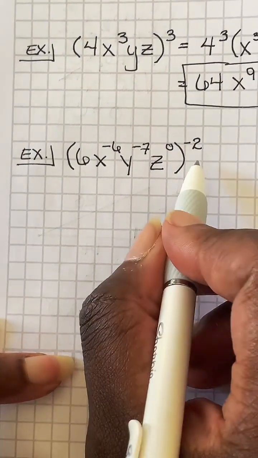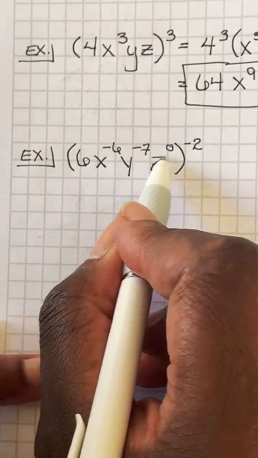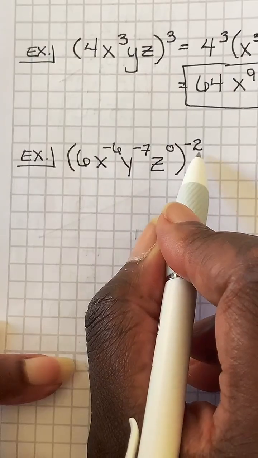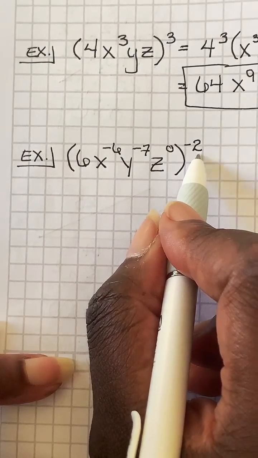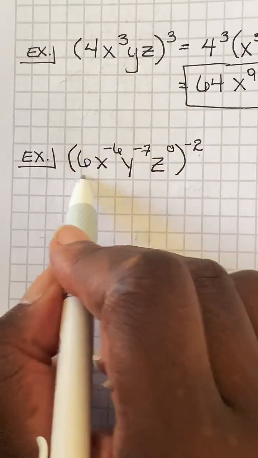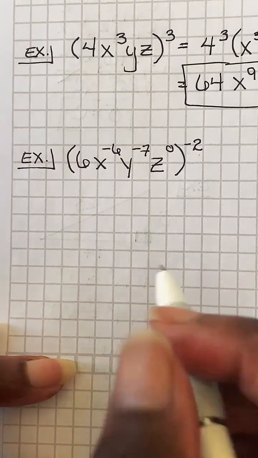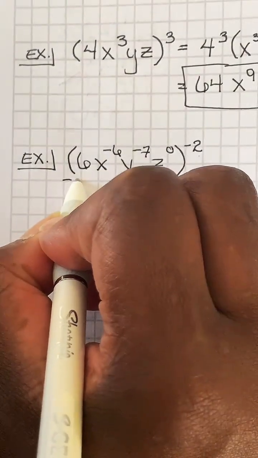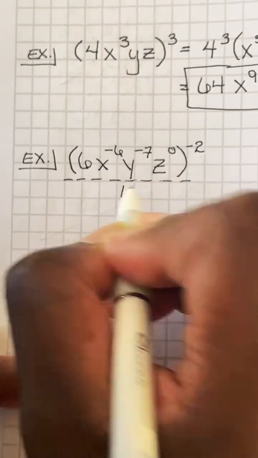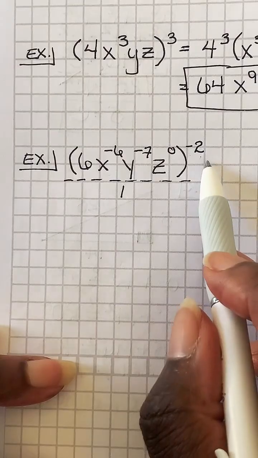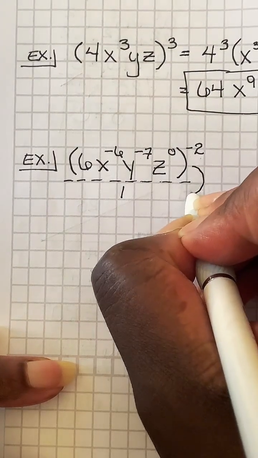That means this whole entire base, I'm not changing anything inside the base just yet. If I want to handle this negative 2 to make it into a positive exponent, this whole entire base is going to have to drop into the denominator. The reason why, because anytime you have a whole number that's a base, it's always over 1. So in order for you to change that to a positive 2, we have to flip it.